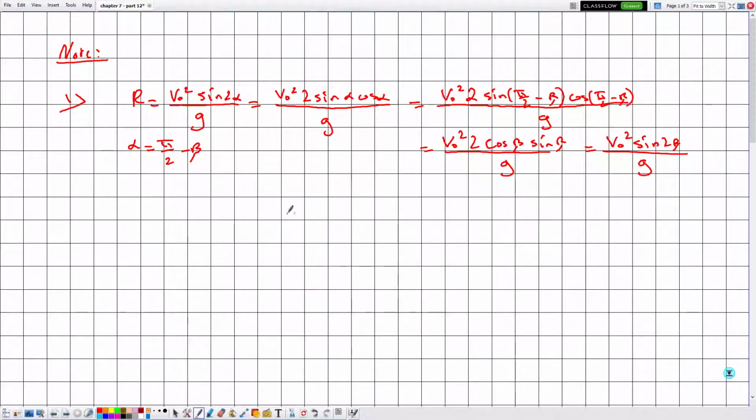So here we notice that the range can be the same for two different angles, alpha and beta, such that the relation between them is that they are complementary angles. So what's the relation between alpha and beta? Alpha is equal to pi by 2 minus beta, which means that they are complementary angles.